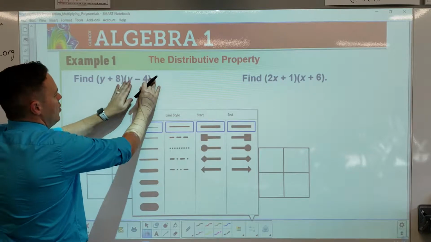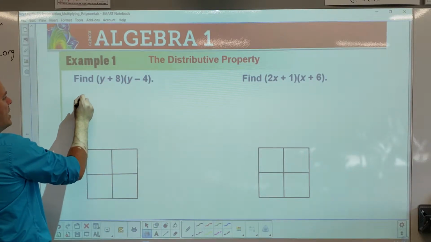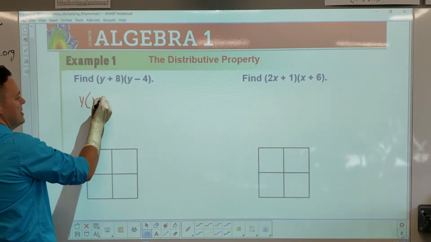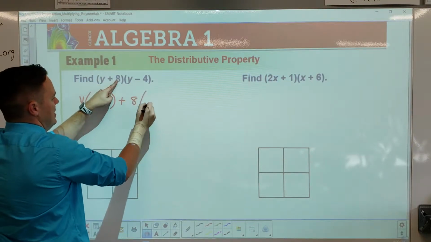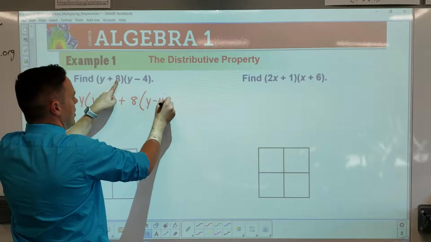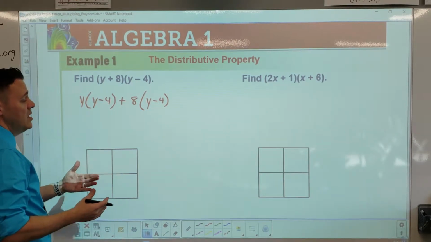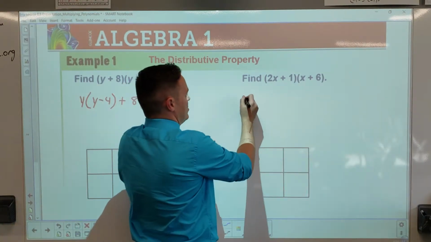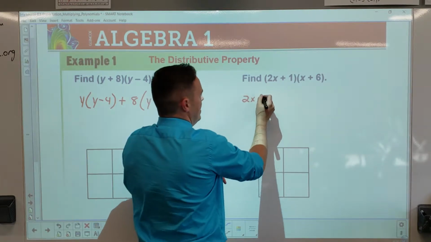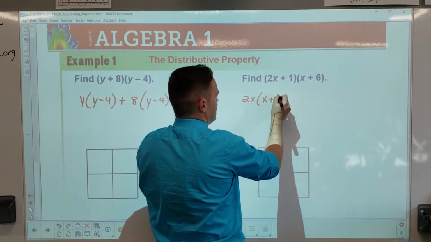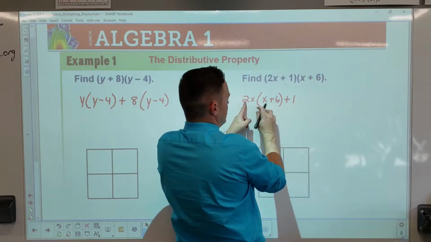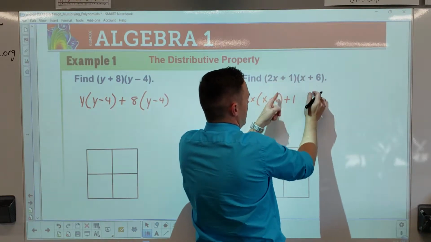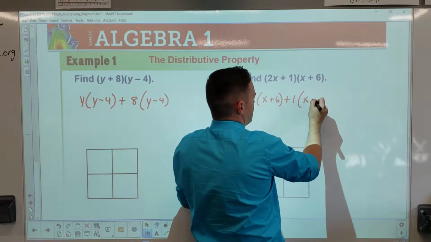So this y would be multiplied into here. You would write it out kind of like this: y times y, plus y times 8, and then y minus 4. That's the setup. Then this one here would do the same thing. So it would be 2x on the outside, and then x plus 6, and then plus 1 times x plus 6.